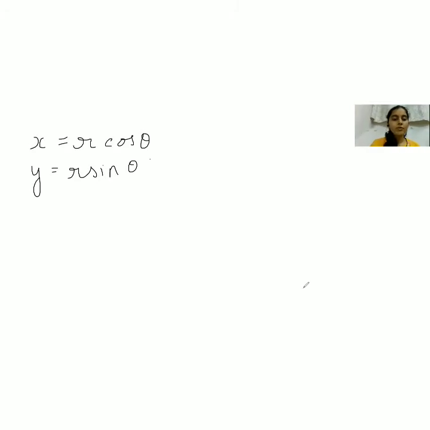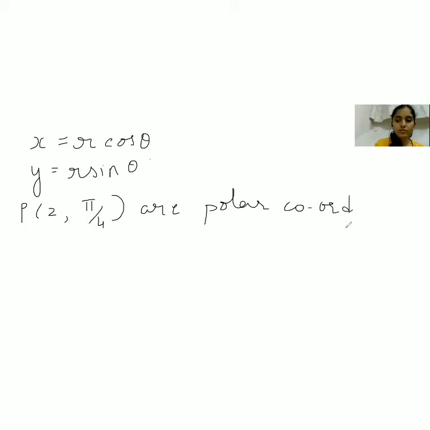Now, for example, if they give us the polar coordinates of any point, say P(2, pi by 4), find the Cartesian coordinates. So how will we find it?